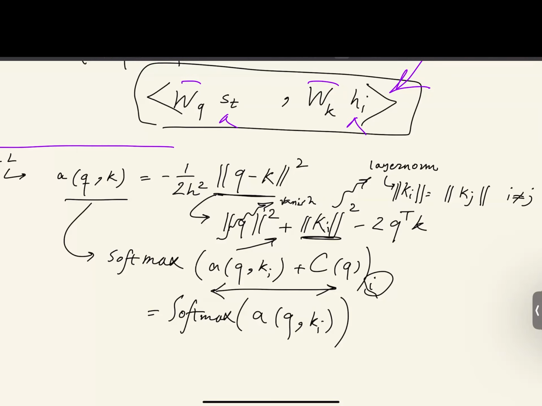This is the layer norm. In that case, this is also a constant, and the whole thing reduces to the inner product. So we want to maximize similarity: we minimize the kernel distance and maximize the dot product because of this negative. This is another way of looking at this.